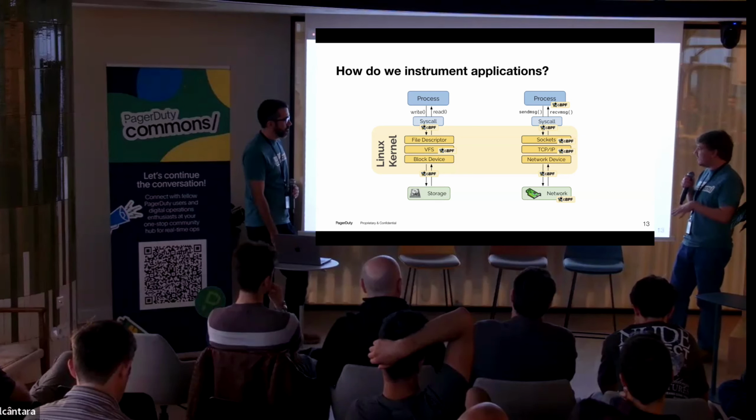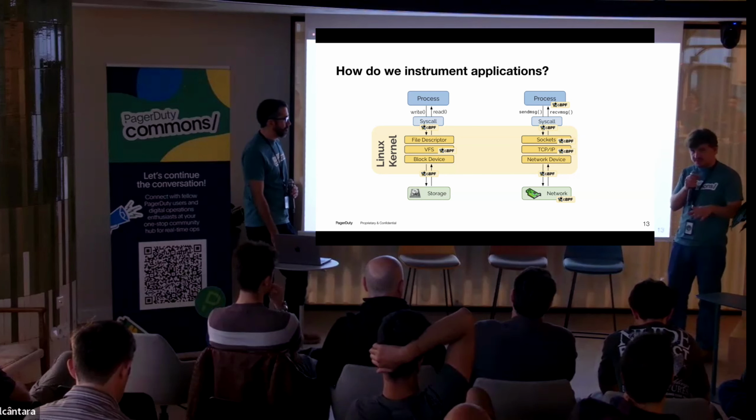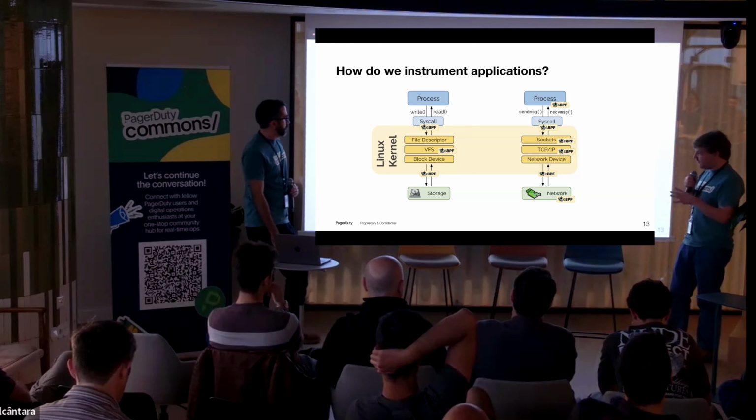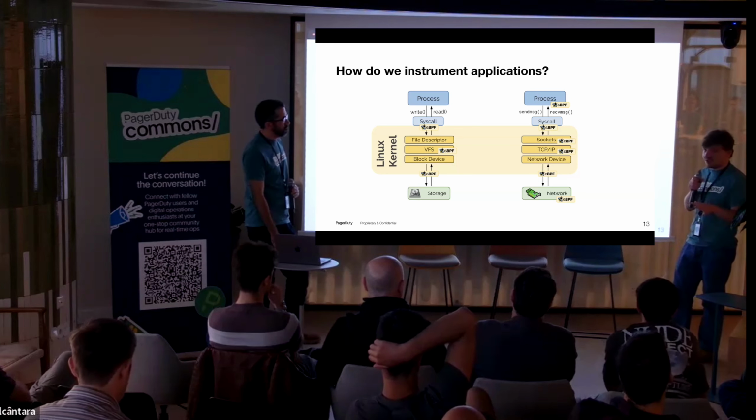So you'd get basically the same outcome. Of course, this has some trade-offs in terms of security. You need to have special permissions on your operating system, and it might be challenging, but it's a very good way of instrumenting code without actually having to touch your applications.